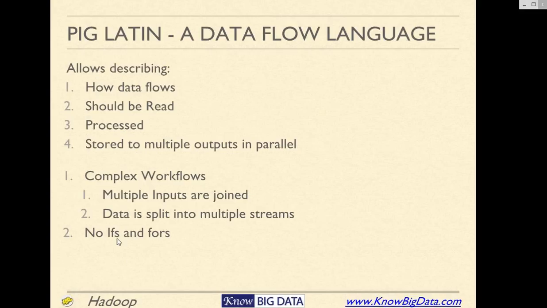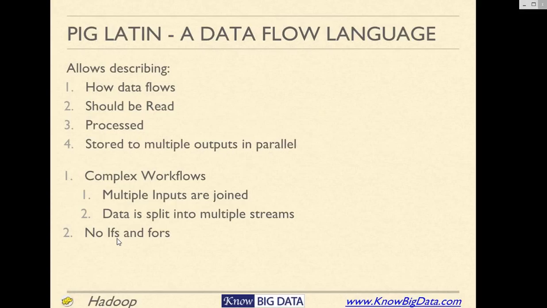So Pig basically is a data flow language, so it helps you describe how the data flows. Like in the word count example, we say that this is the input, then break the input into lines, then break the lines into words, and then group the words, and then count the words, right? So you can specify how the data flows. You specify how the data should be read, from where the data should be read.